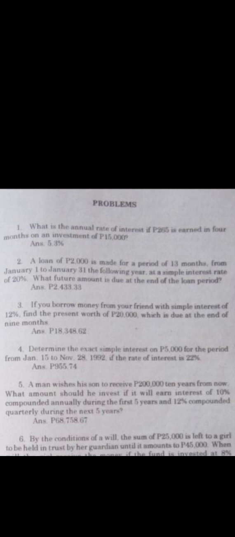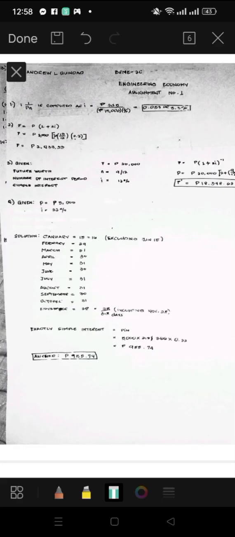If the answer is a whole number, not a decimal, it is a leap year. Dividing 1992 by 4, we get 498, which means it is a leap year. So for a leap year, let's use 366 days.